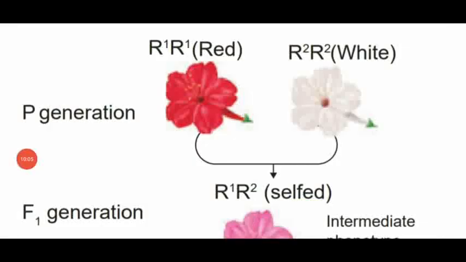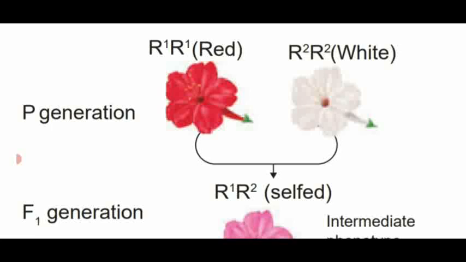Dear students, this is the diagrammatic representation or flow chart of incomplete dominance, which is present in Mirabilis jalapa, the 4 o'clock plant, which produces different colors. Here Correns, the botanist, took two different colored parents. One is the red color parent, another is the white color parental plant.